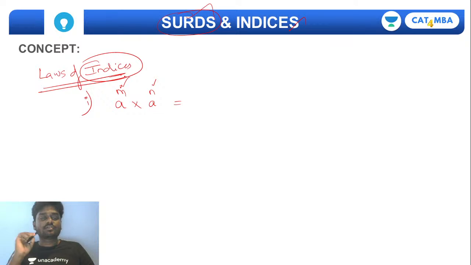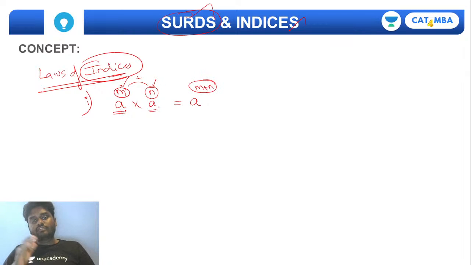Here, a is called the base and m is called the power. If the bases are the same, you simply add the powers, so it becomes a power m plus n.